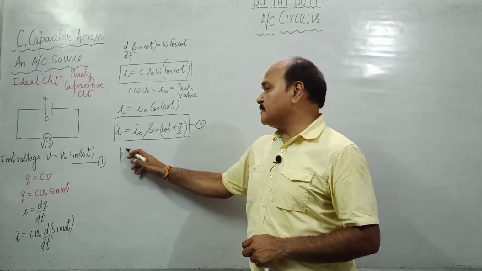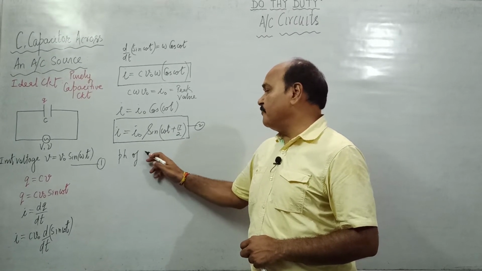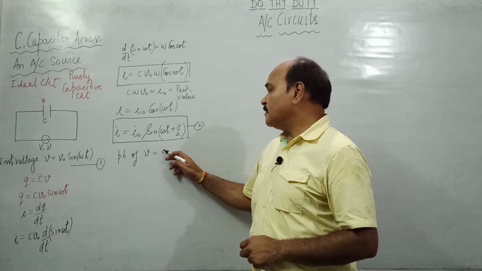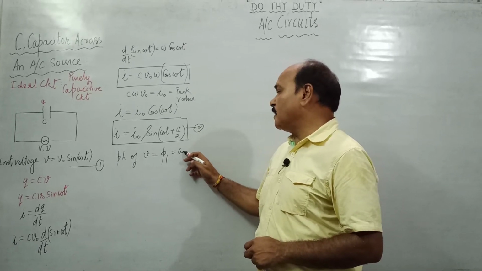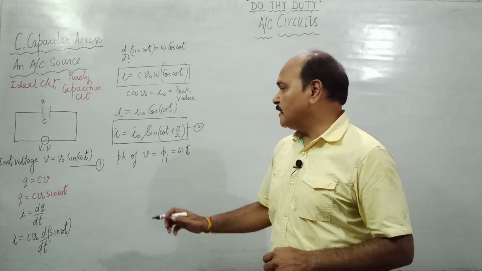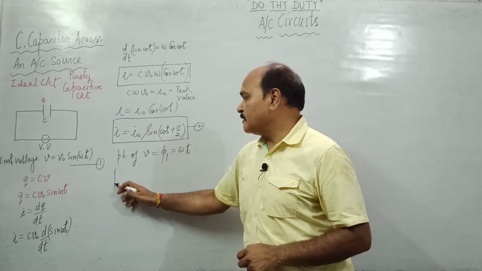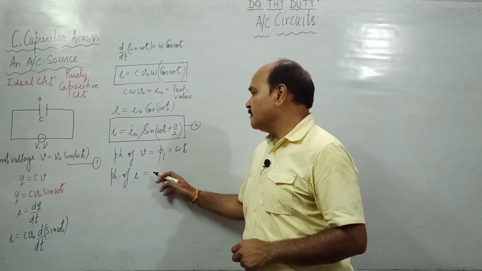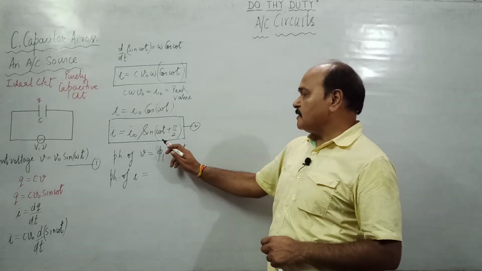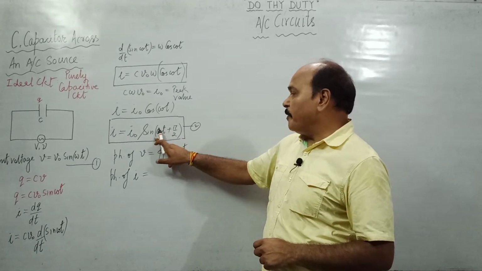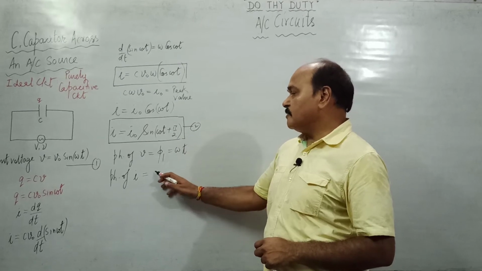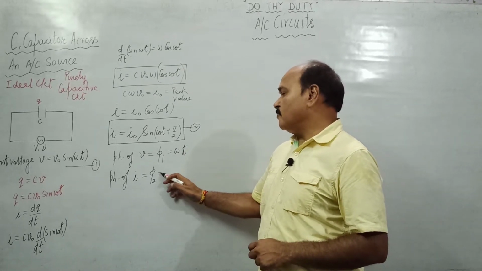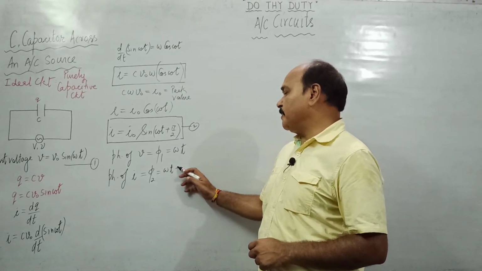So the phase of V is omega t. Now let us look at the phase of the instantaneous current, sine of omega t plus pi by 2. So the phase of current is omega t plus pi by 2.